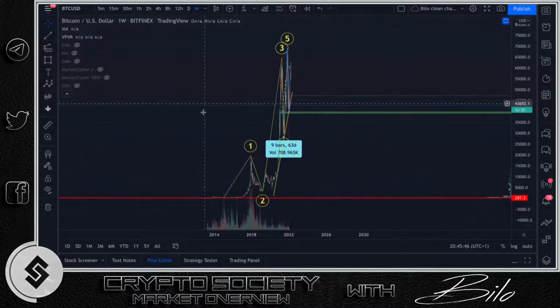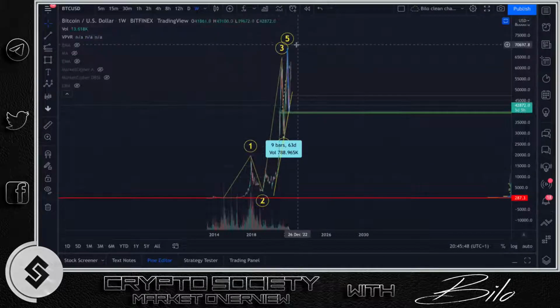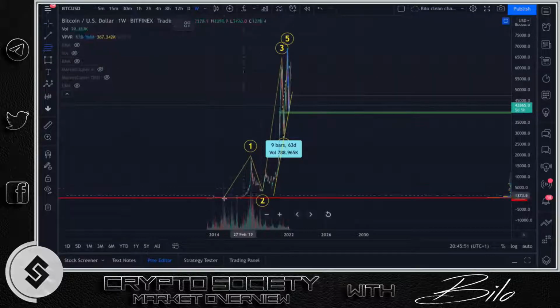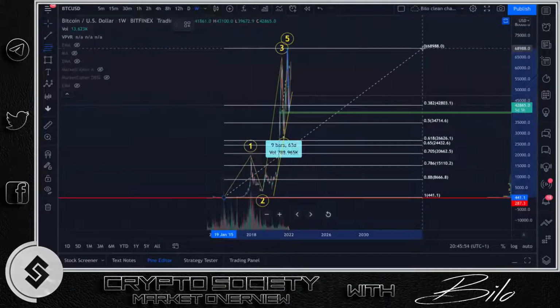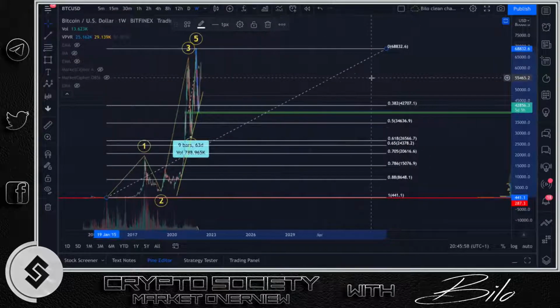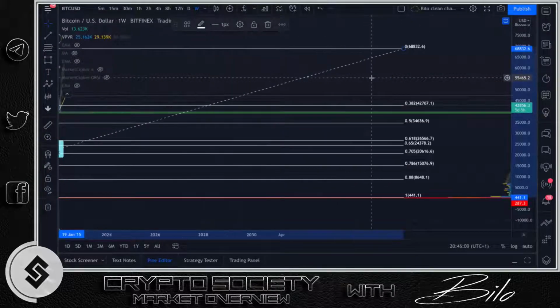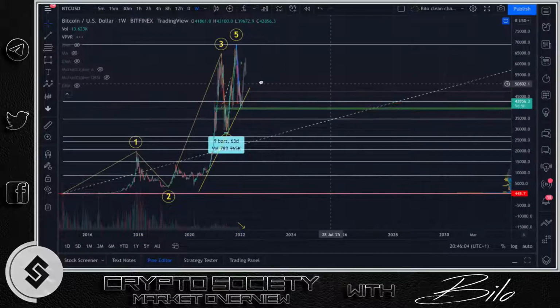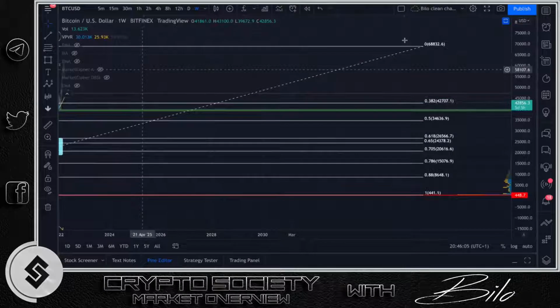So if we look at this as the grand cycle of Bitcoin, and we do a Fibonacci retracement from day 0 all the way up to wave 5, which is at 68, we made it down to just below 38.2. Let me bring these in a little bit.